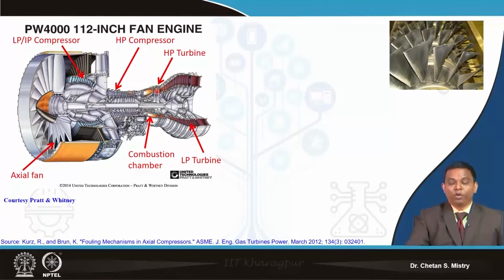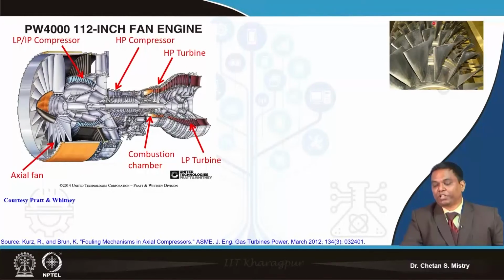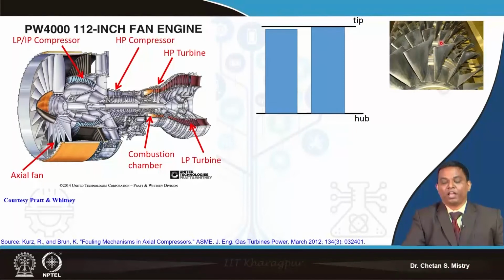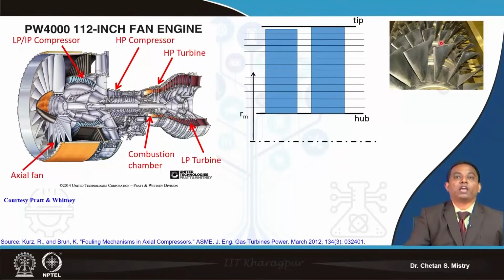Now if you look carefully, this is representing one of the cut sections. We have two blades arranged in one rotor. Now if I consider my rotor and stator, at a particular station, say my mid station, if I cut my blade, it will have, say, an aerofoil shape.